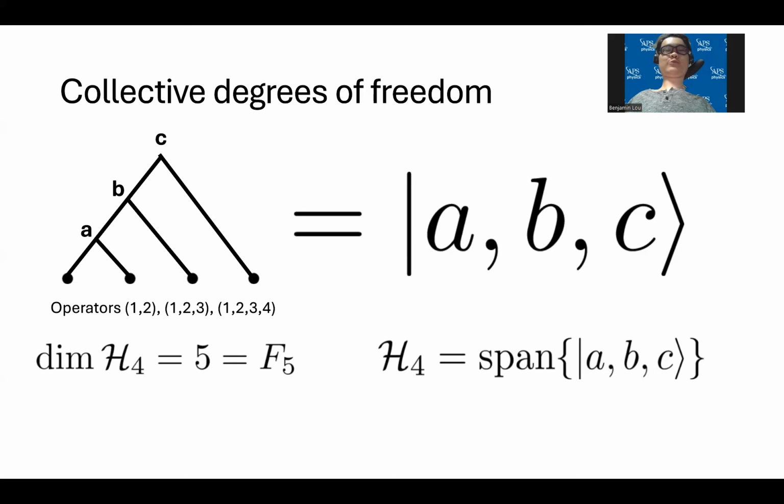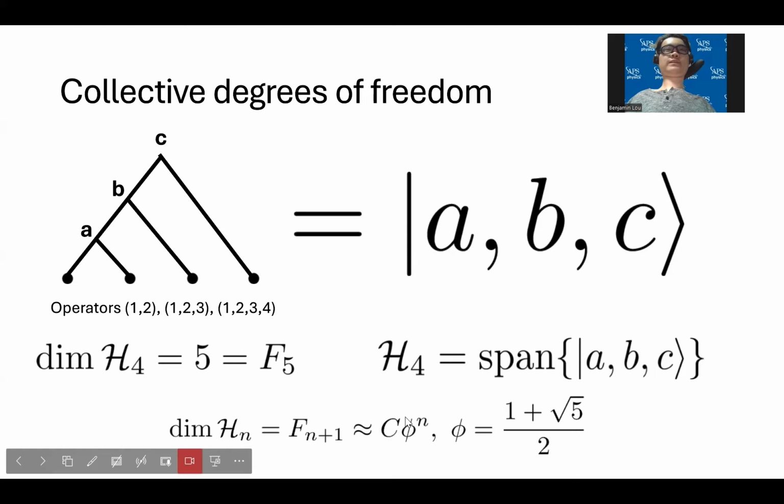But this is actually no coincidence, because beautifully, the dimension of the topological Hilbert space for n particles is going to be the (n+1)th Fibonacci number. This is approximately c times phi^n for some constant c, and phi the golden ratio. So in light of this, we say that the topological Hilbert space has dimension phi.